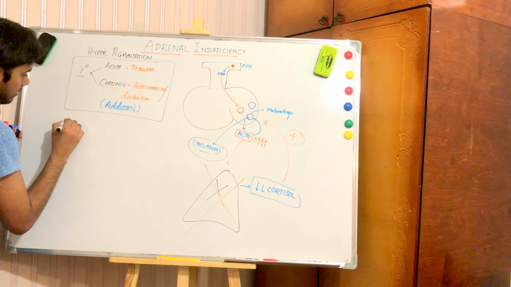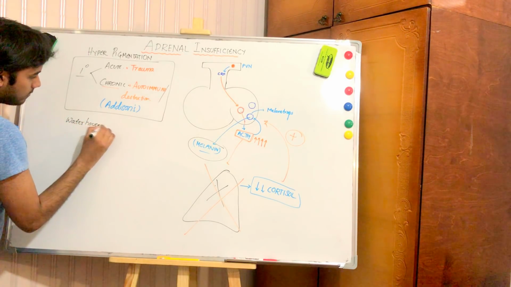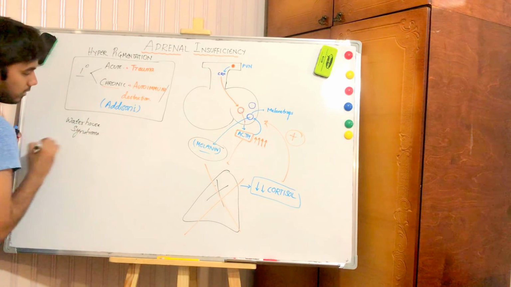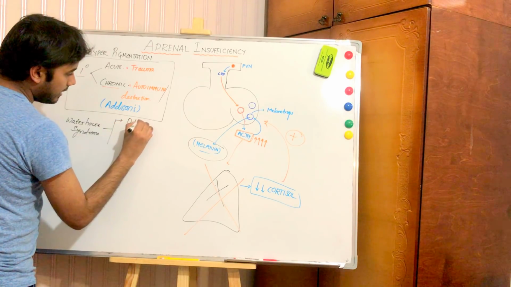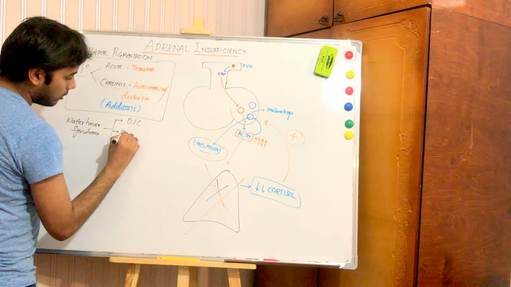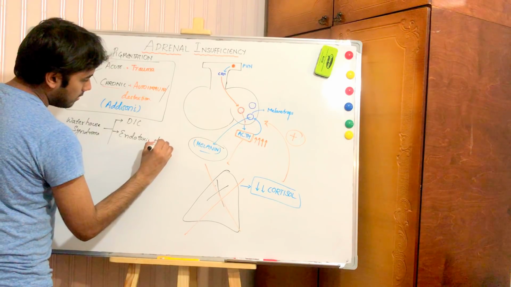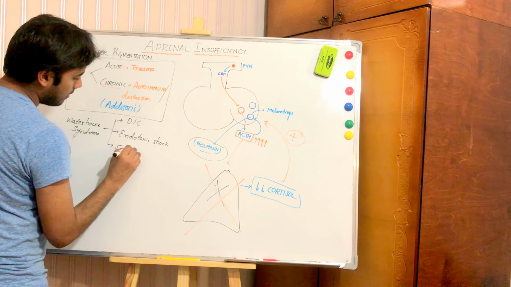So let me write it here. That is called Waterhouse syndrome. What is the triad of this Waterhouse syndrome? Disseminated intravascular coagulation. Second thing is endotoxic shock, and third thing is septicemia.